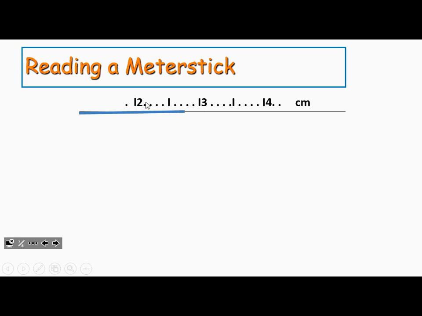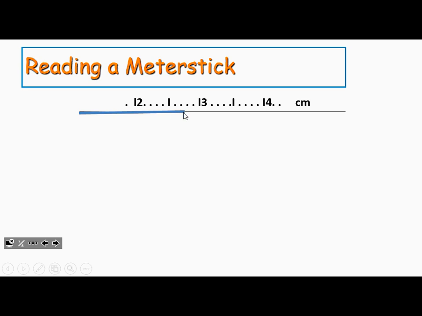My major markings are 1, and my minor markings in between are 1, 2, 3, 4, 5. It looks like 0.1. So this is 2, this is 2.5, 2.6, 2.7. I know it's 2.7. Is it 2.8? Is it to that dot right there? No, it's in the middle, correct? So that is where we have our estimation.